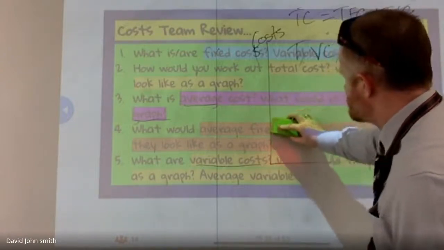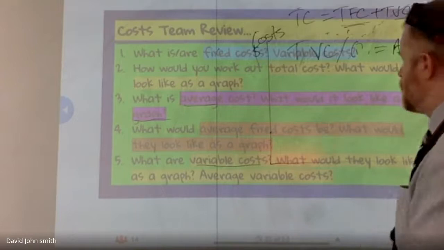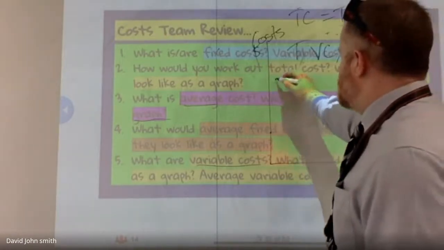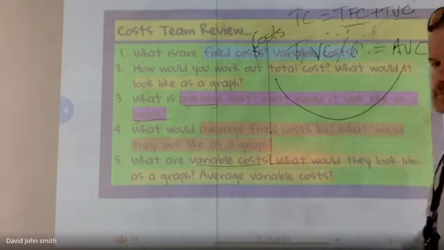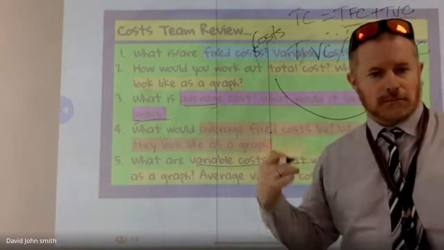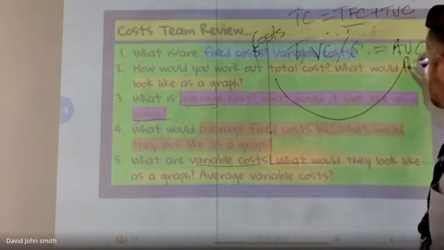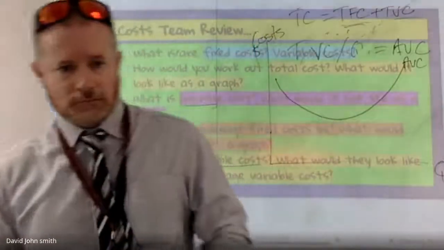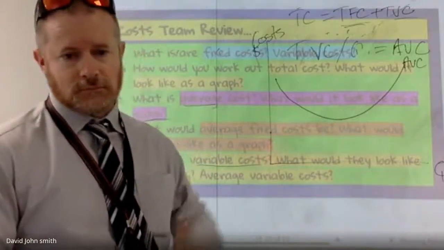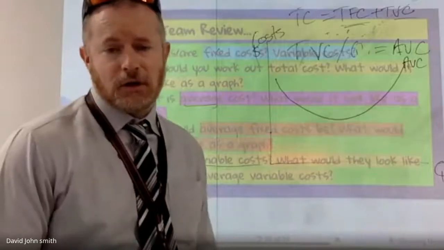So therefore, when we spread them out, initially they're going to decrease, and then, oh look. What does it look like? A U. It's another U-shaped curve.